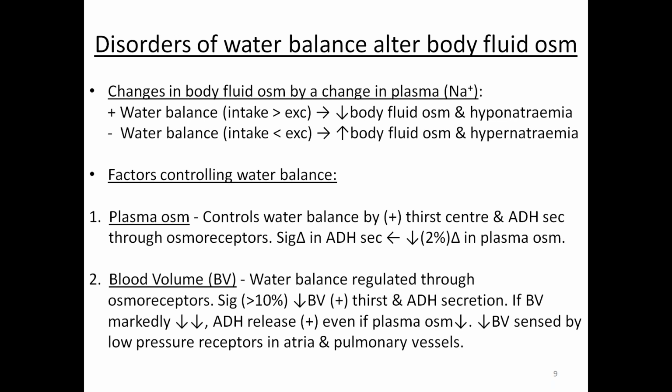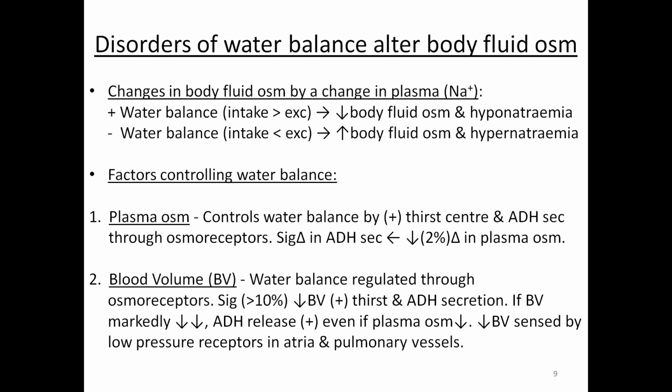We'll go through this again shortly, so just keep your ears open for the thirst mechanism and the role of ADH. A small change, roughly even a 2% change in the plasma osmolality, can cause significant changes in your ADH secretion.